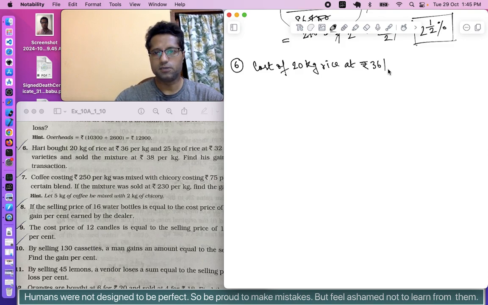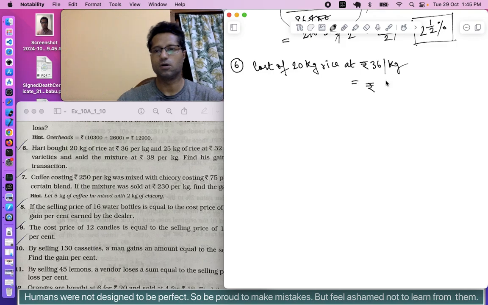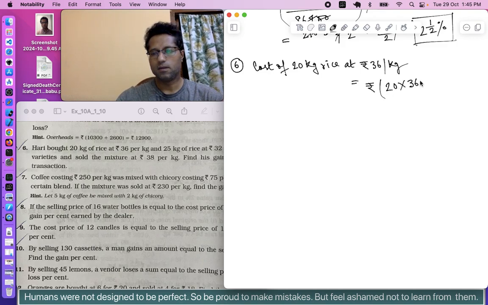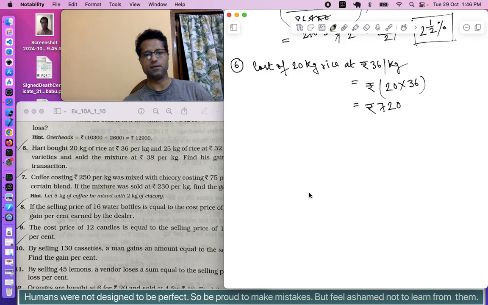at 36 rupees per kg, we can say, using the unitary method, 1 kg of rice costs rupees 36, so 20 kg of rice will cost rupees 20 multiplied by 36. This is rupees 720. So rupees 720 is the cost of 20 kg of rice.